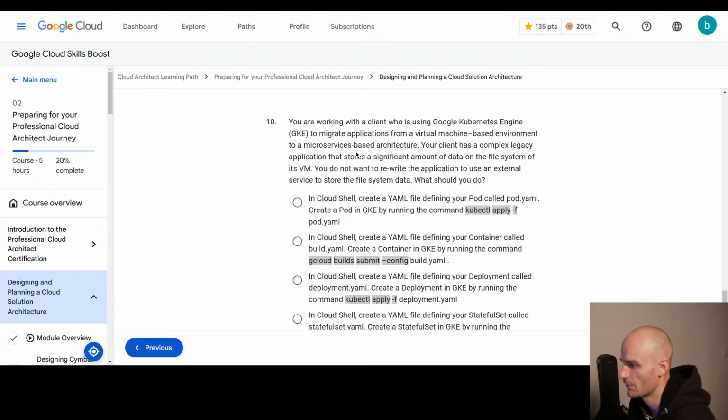You do not want to rewrite the application to use an external service to store the file system data. What should you do? So your client has a complex legacy application that stores a significant amount of data on the file system of its VM, and you don't want to change this. Okay.